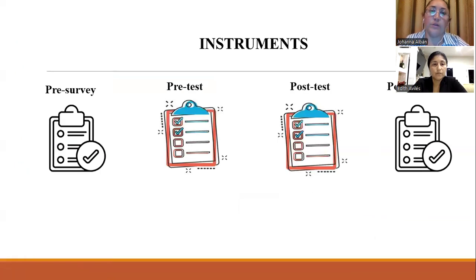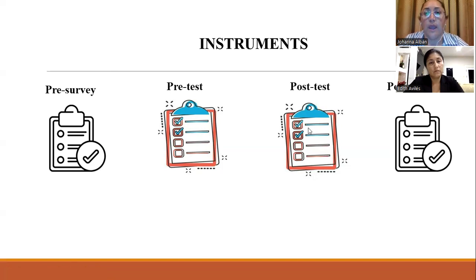After that, we are going to talk about the instruments that we are going to apply in order to gather the data. So firstly, we have the pre-survey. In this pre-survey, we are going to gather information about the factors that limit the students' reading comprehension. After that, we are going to apply the pre-test, which helps us to make the initial diagnosis and identify the level of the students' reading comprehension.